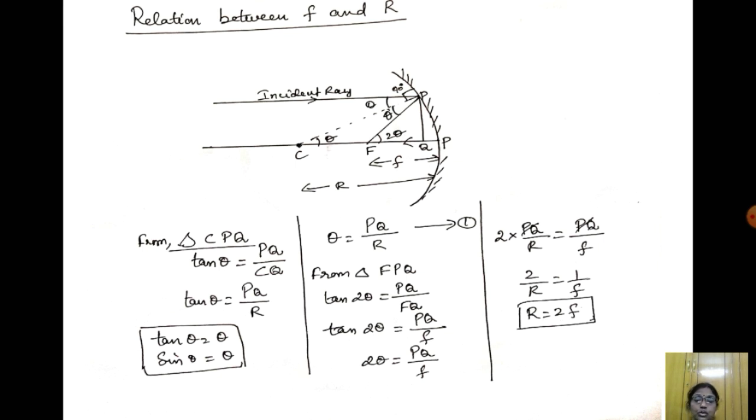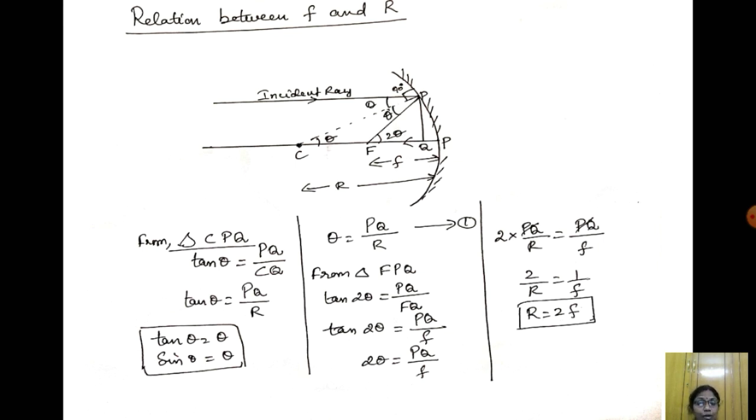Before that, we have dropped a perpendicular to meet the principal axis, very close to the pole. Since QP is a very small distance, we can neglect it, and take C to P as the radius of curvature R. So tan theta is equal to PQ by R.